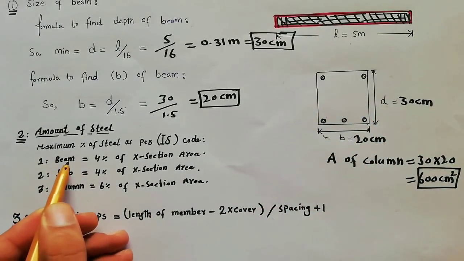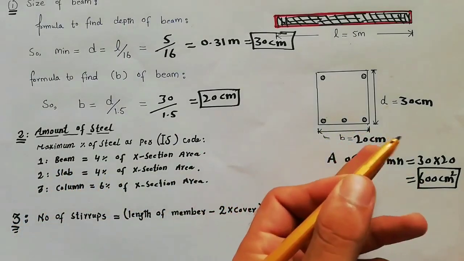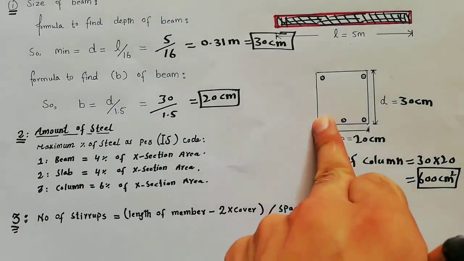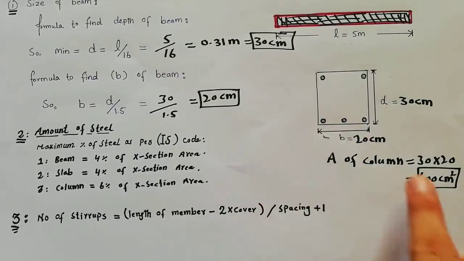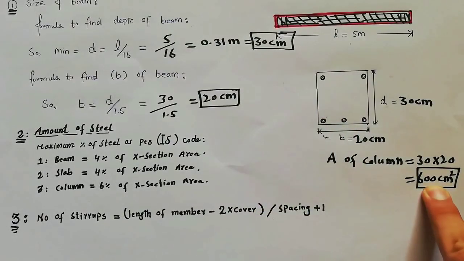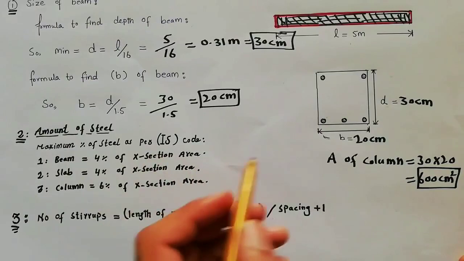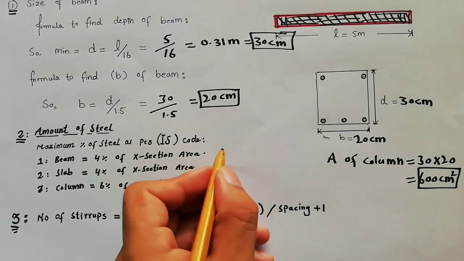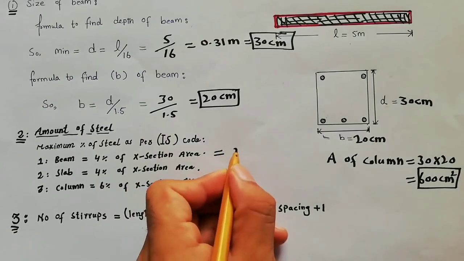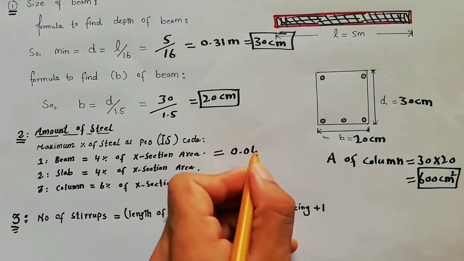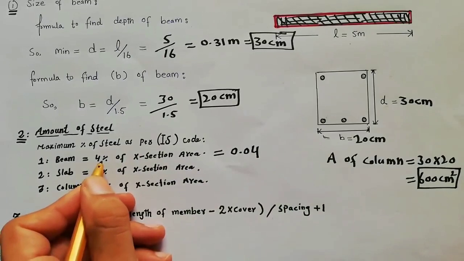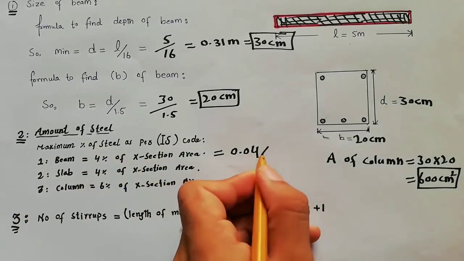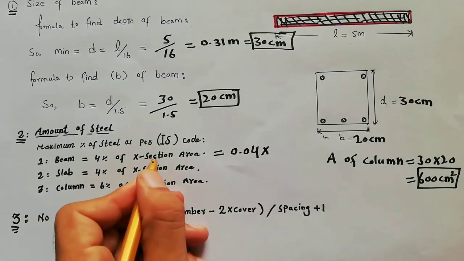So we can find out area of steel for this beam, and area of the beam is here 600 centimeter square. So to find amount of steel for this beam, 0.04, because it's 4%, right? Multiply of cross sectional area.